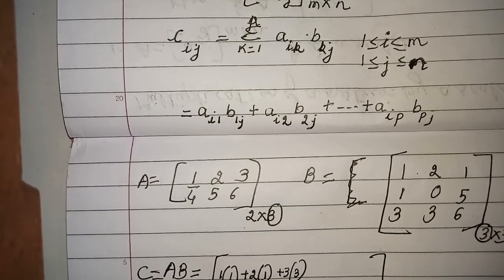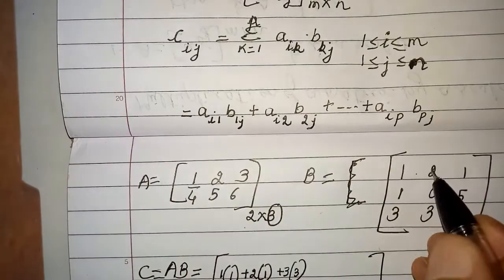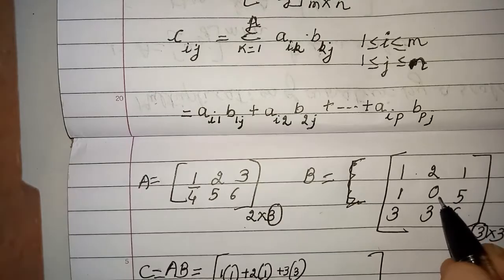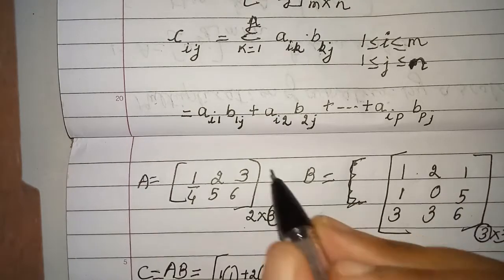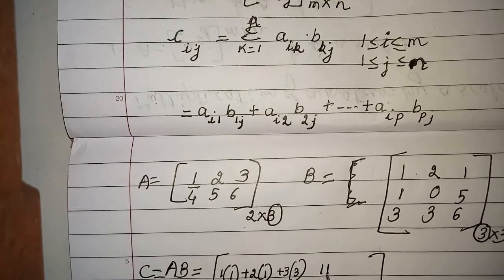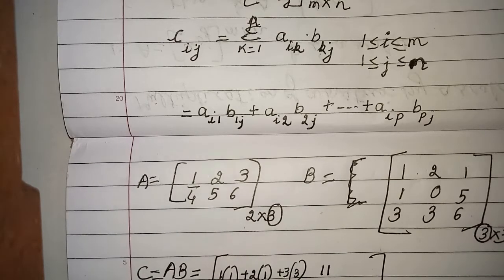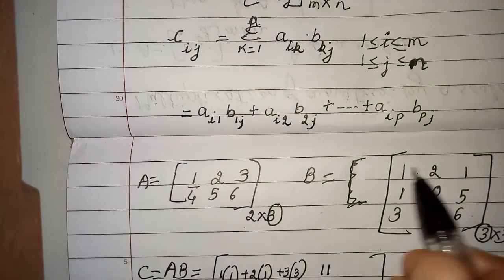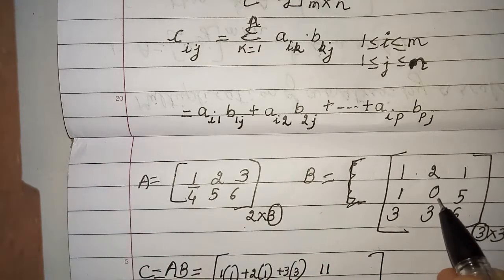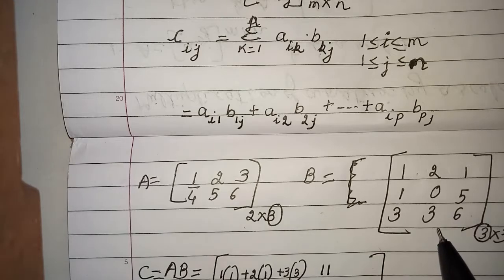Got it? Now here it will be 1 into 2, which is 2, plus 2 into 0 is 0, plus 3 into 3 is 9. So how much is it? 2 plus 9, 11. Now here 4 twos are 8, 8 plus 5 into 0, 0, plus 6 threes are 18.